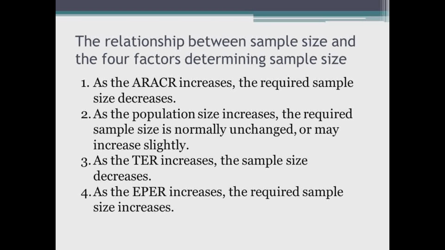So what you want to do is look at how these various factors, the auditor's acceptable risk of assessing control risk too low, the tolerable exception rate, and the expected estimated exception rate, change, and assess for columns 2 through 7 how that would impact the sample size.